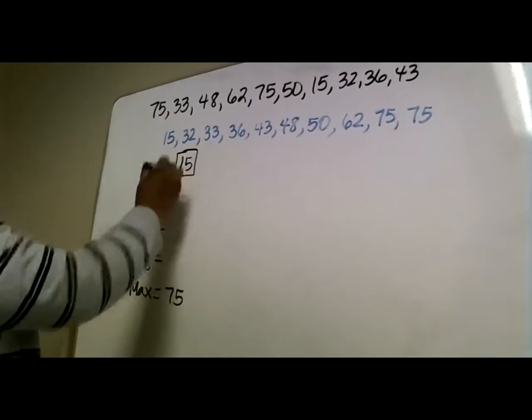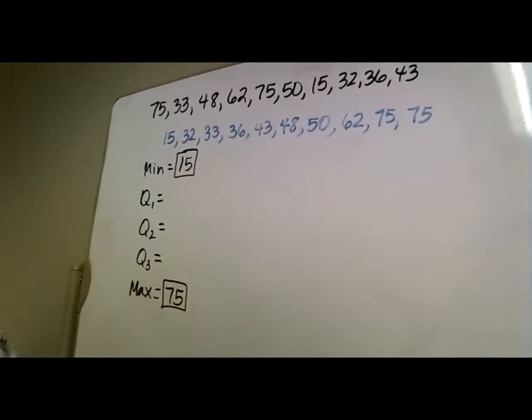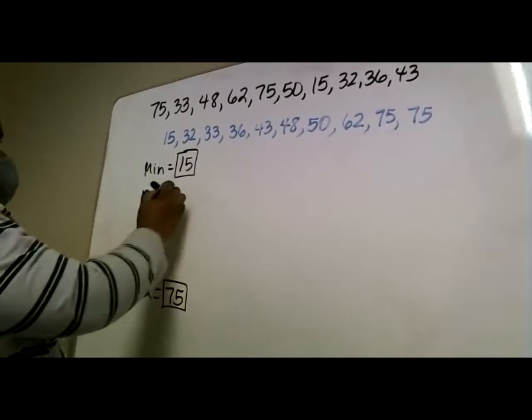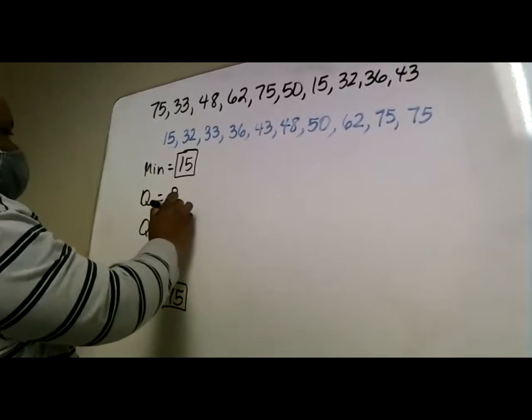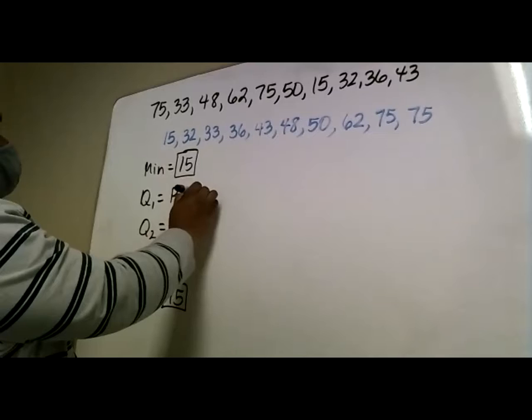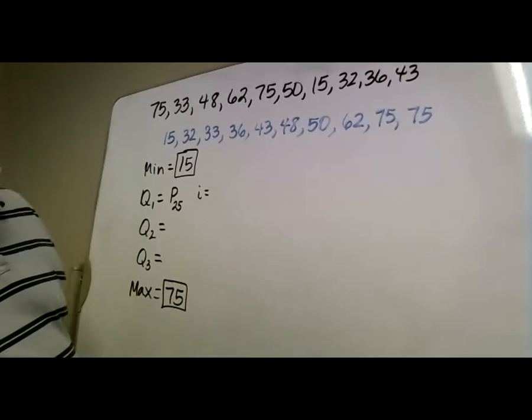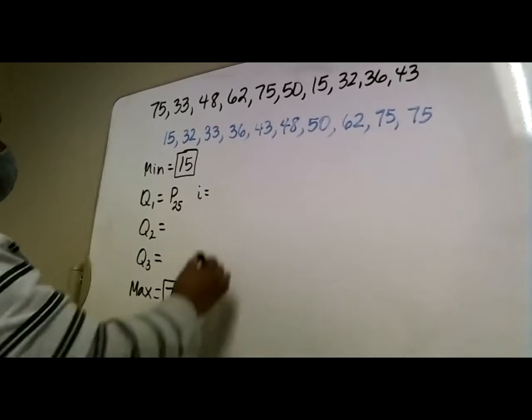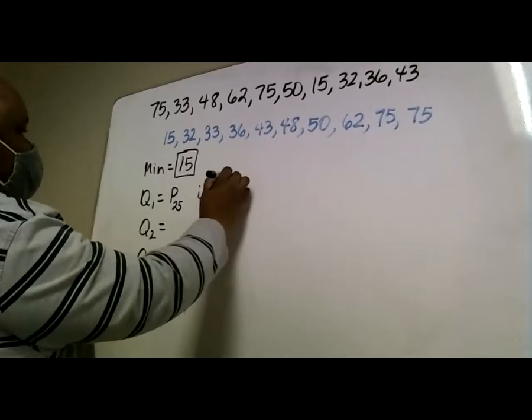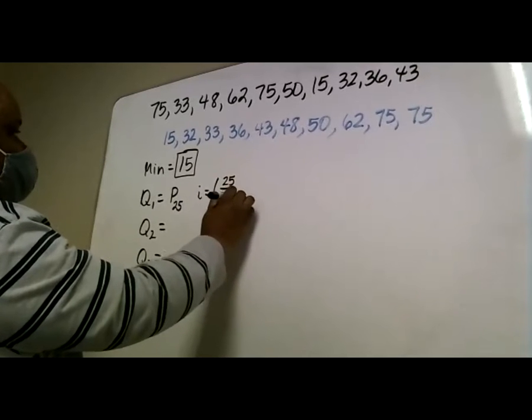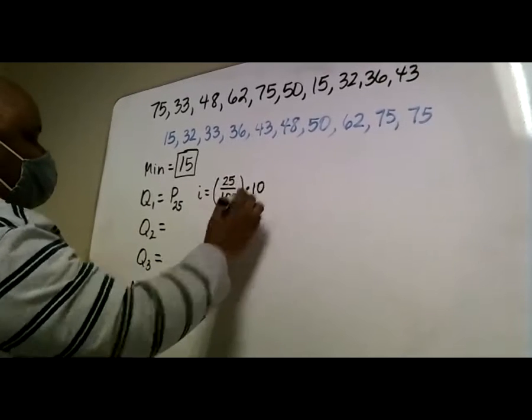I'm going to box these in. Q1 is, of course, the 25th percentile. So the position that the first quartile is in, we can find that out by taking that 25, dividing that by 100, and multiplying that by 10.